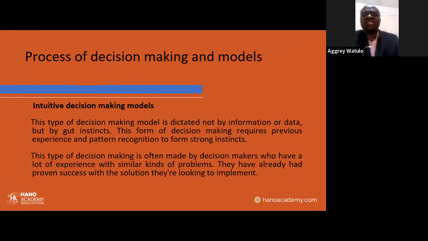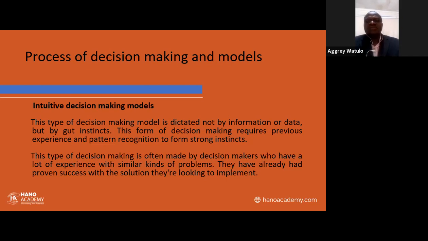So what we are trying to say is that this type of decision-making model is dictated not by information or data, but by gut instincts. This form of decision-making requires previous experience and pattern recognition to form strong instincts.